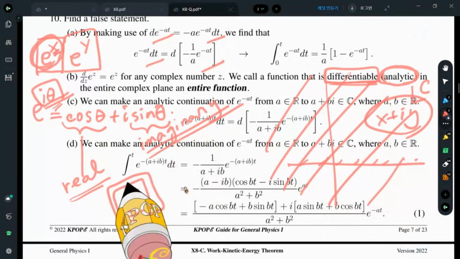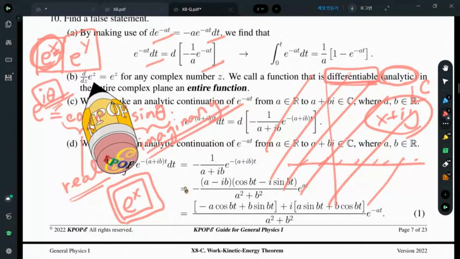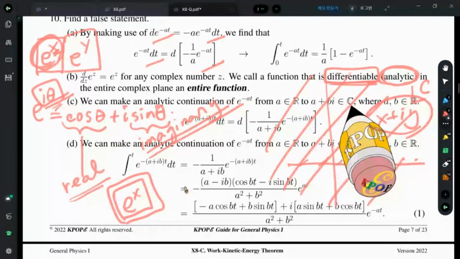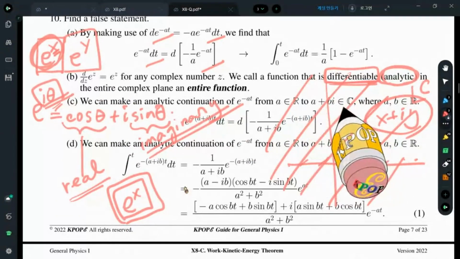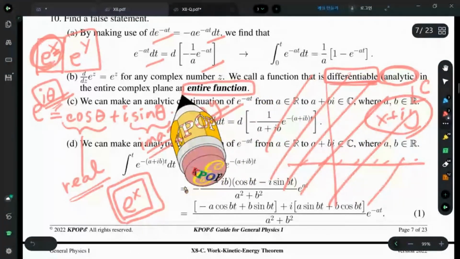If you admit the fact that this exponential function is defined both in real variable and complex variable, we simply extend the region from real variable to the whole complex plane.